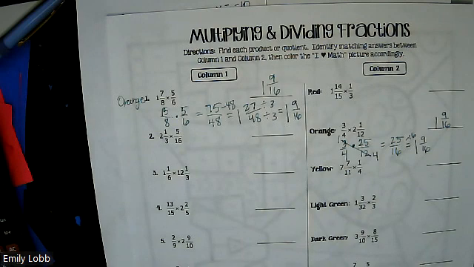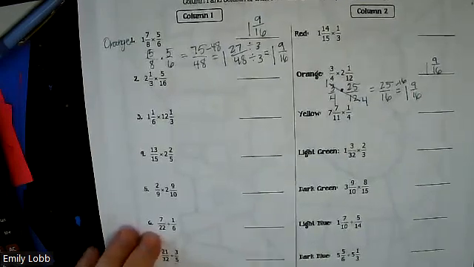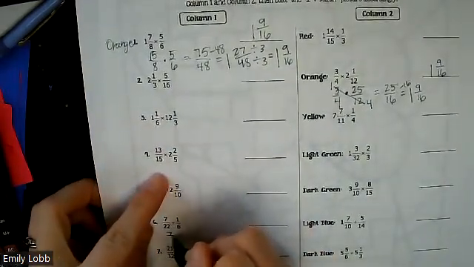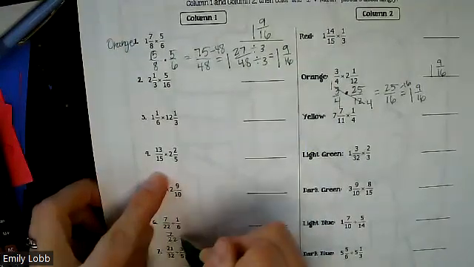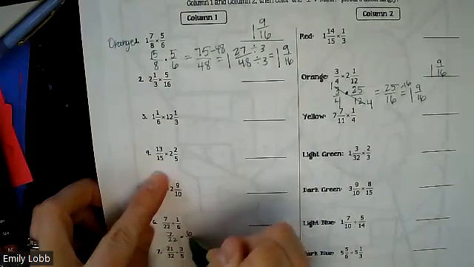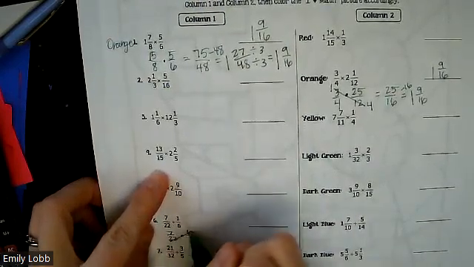Let's see if we can do some division. All right, look at number 6 here. We have 7/22 times, we have to flip it, 6/1. So I can take a factor of 2 out.